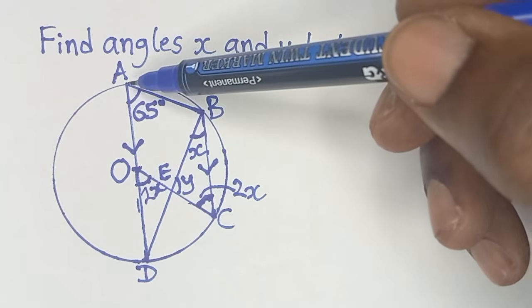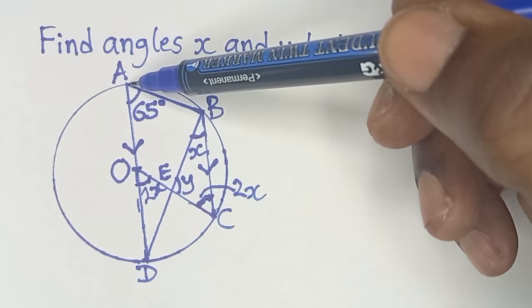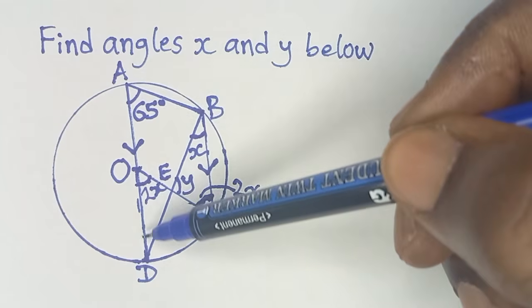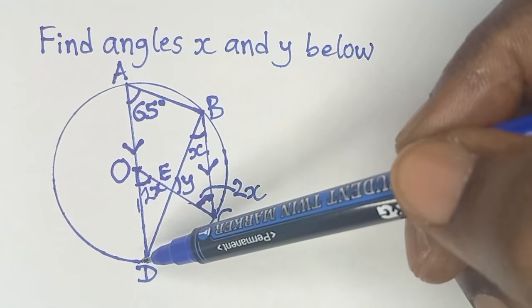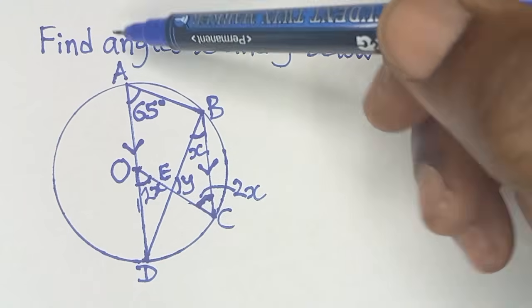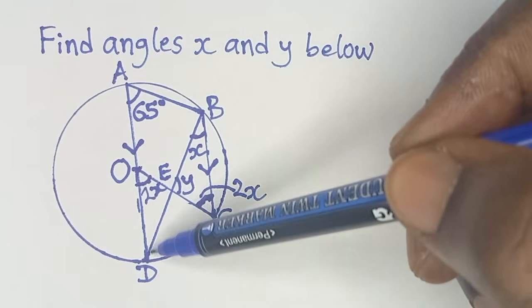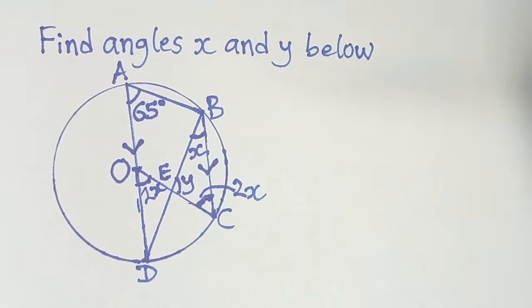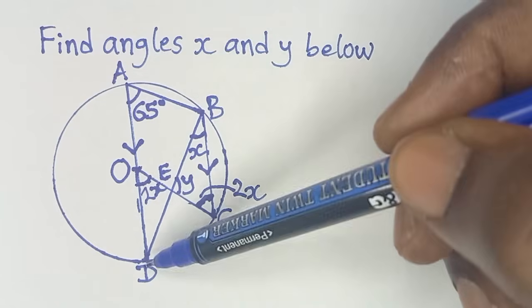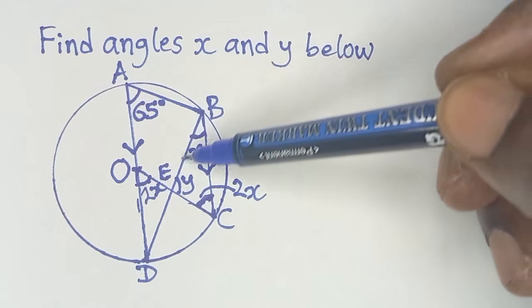But now, let's also look at this line that is passing through the center of the circle. If you have a straight line passing through the center of the circle, that straight line is a diameter. Hope you are seeing it. So this line AOD is the diameter of the circle. Now, when you identify a diameter like that, look at the triangle that the diameter line forms, and this is the triangle here.